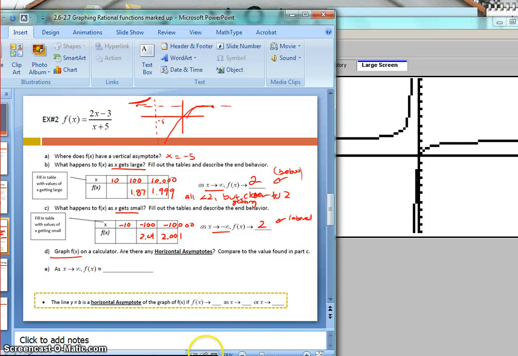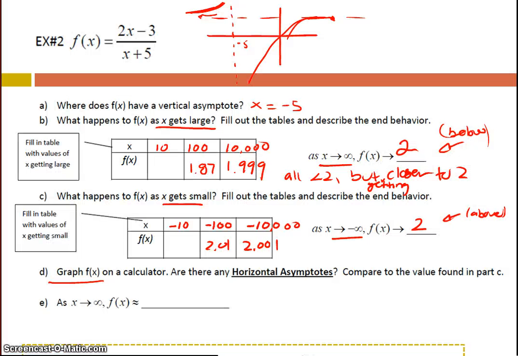Okay, so back to the PowerPoint. We have that last bit to fill out. As x approaches infinity, f of x is approximately equal to 2. What we can do is take our f of x, which equals 2x minus 3 over x plus 5.